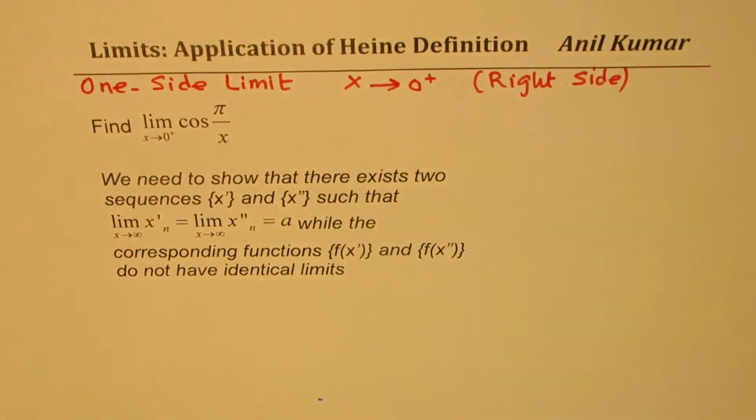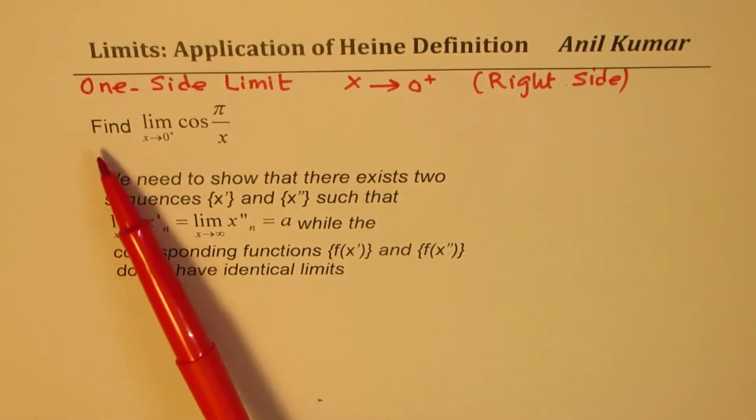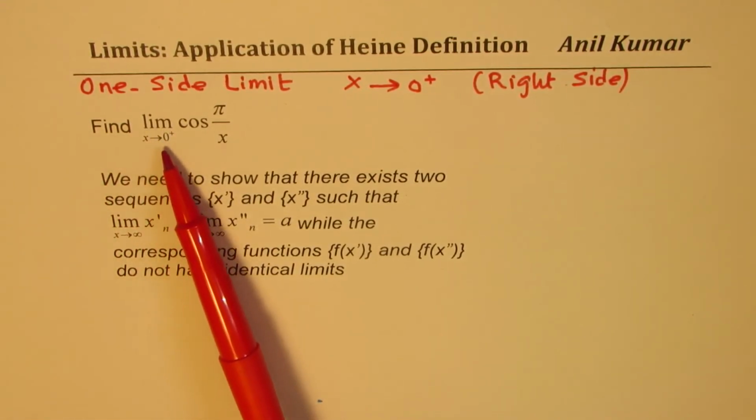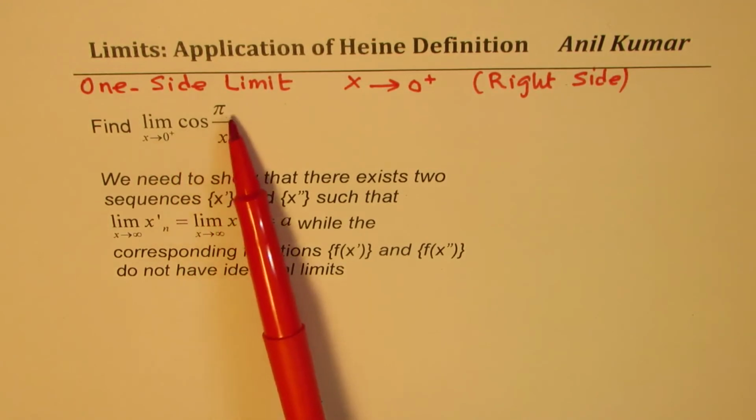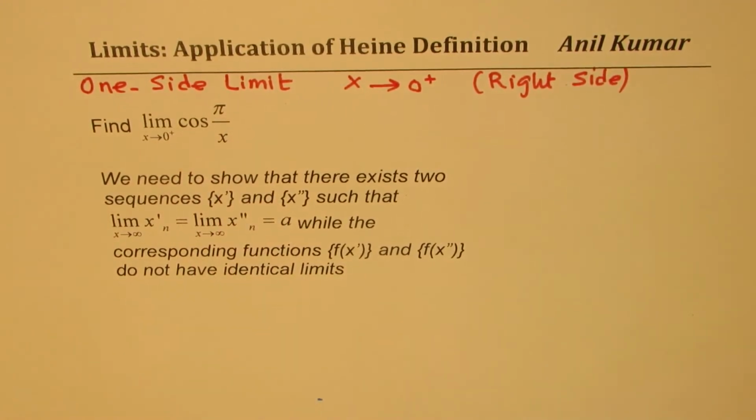Well, as you know, cos x is an even function, so from both the sides it is going to be the same limit, right? Okay. Now, the question here is, find the limit as x approaches 0 from the right side for cos pi by x. You can pause the video and then solve and look into my solution later to check.